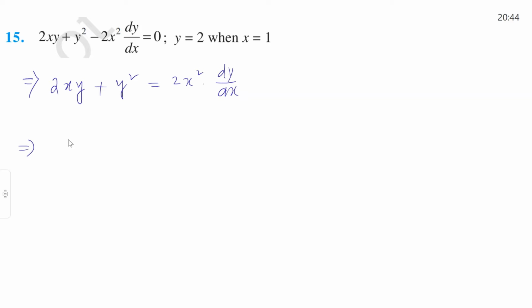First you write dy/dx. dy/dx will be equal to twice xy plus y square divided by twice x square. Mark it by 1. So homogeneous, power 1, 1, 2, 2, 2, homogeneous differential. So then you write let y is equal to vx.